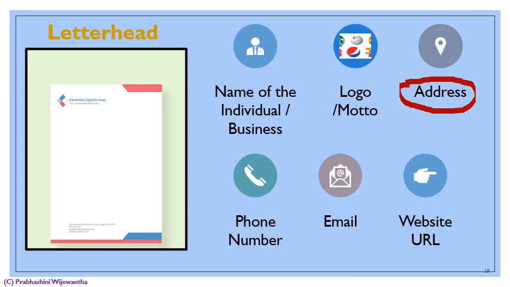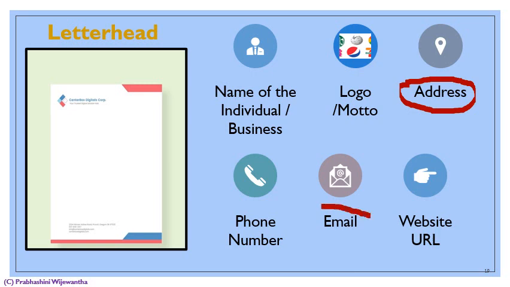So in case you want some communication to be sent to your branch office, after your name and the designation, you may mention the address of the branch and also the phone number. So under the phone number, the letterhead includes the phone number of the company corporate head office reception. So if you want the other party to directly contact you, you may mention your direct line or maybe your mobile number.